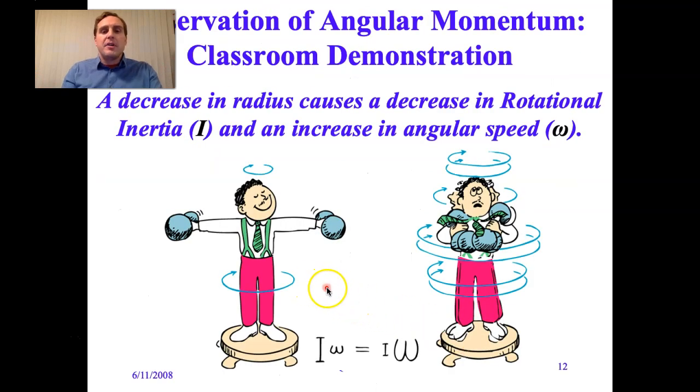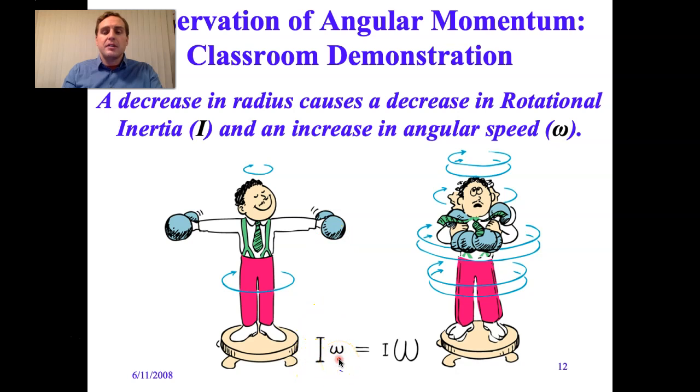So this is a very common demonstration done in a classroom by a professor. They stand on a turntable, and if they're holding weights in their hands, their angular velocity is small at first, and they have a large radius, so they have a large rotational inertia.